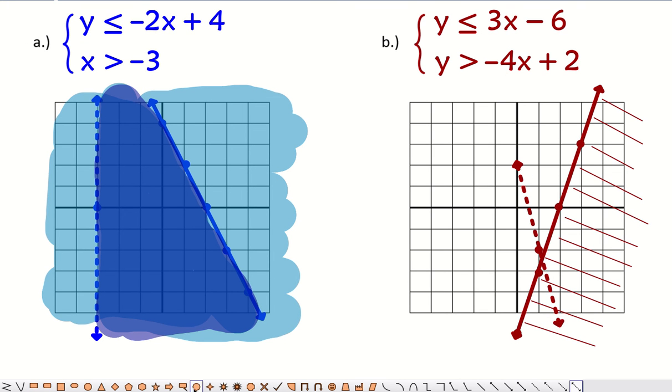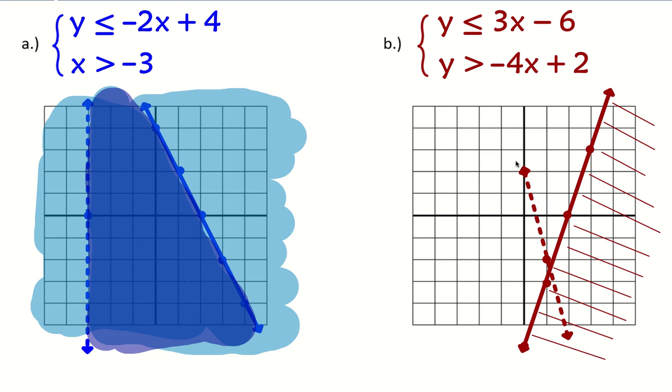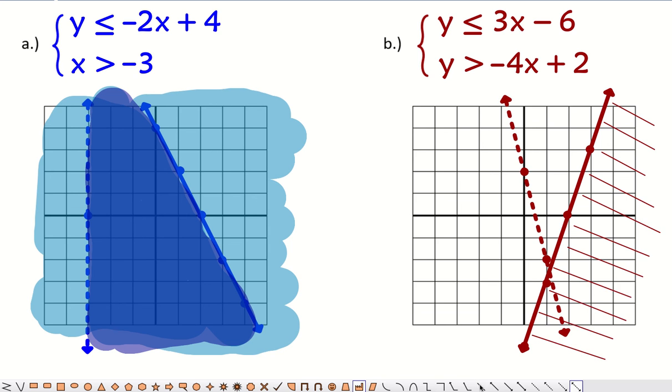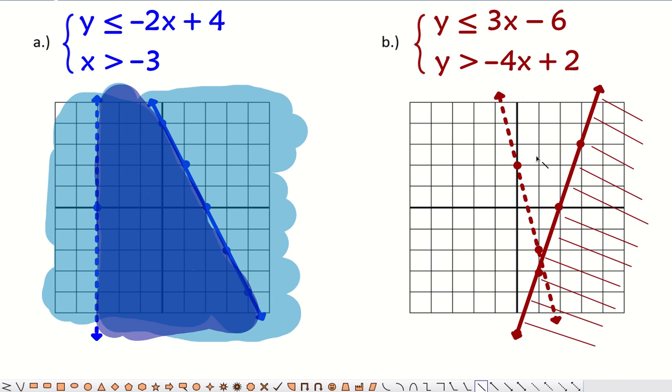Oh boy. So there's my good old line, and once again, you can do the shading. So this is being shaded above because of the greater than. So shading above would be on this side.